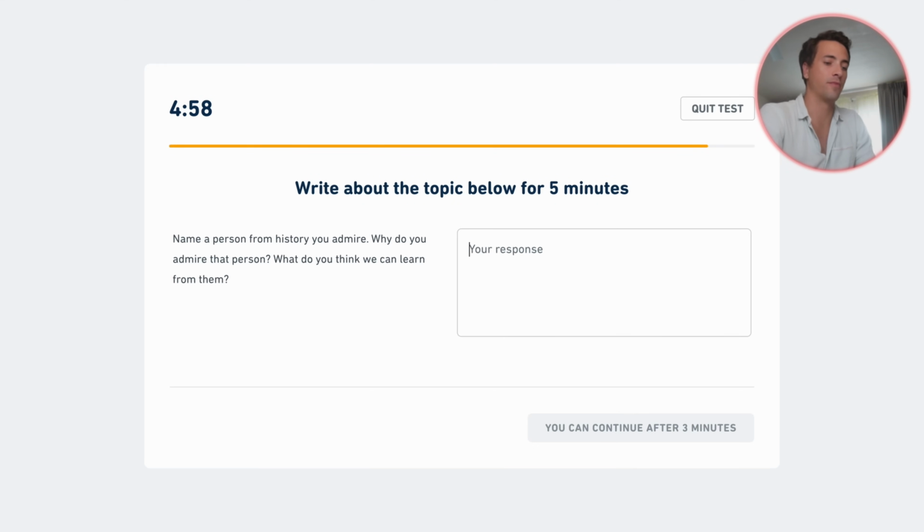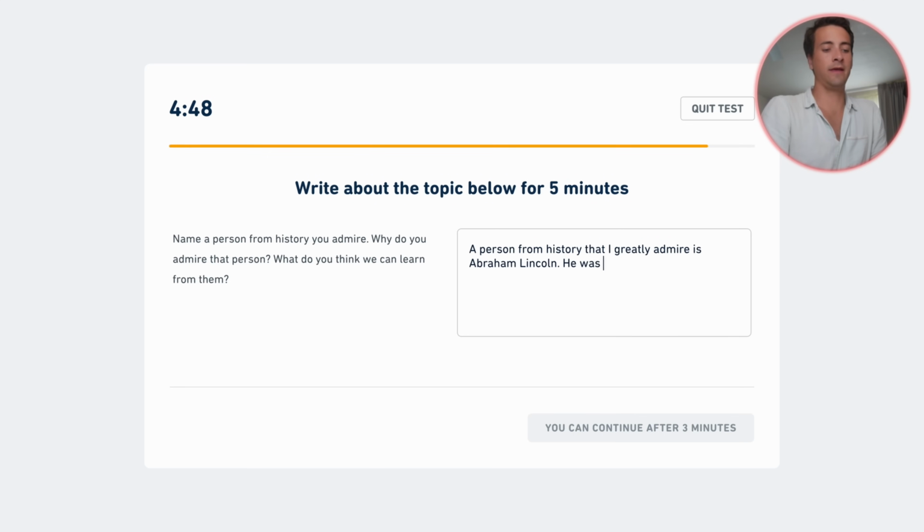So a person from history that I greatly admire is Abraham Lincoln. He was president of the United States during our Civil War in the 1860s.